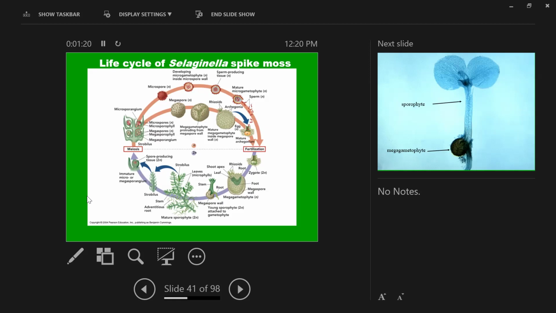Microspores are small. Among the seedless vascular plants, it's really only the spike mosses that we see that in. All the others are homosporous, where all the spores are the same. But when we jump into the gymnosperms, we'll see this trend continues, with megaspores and microspores.